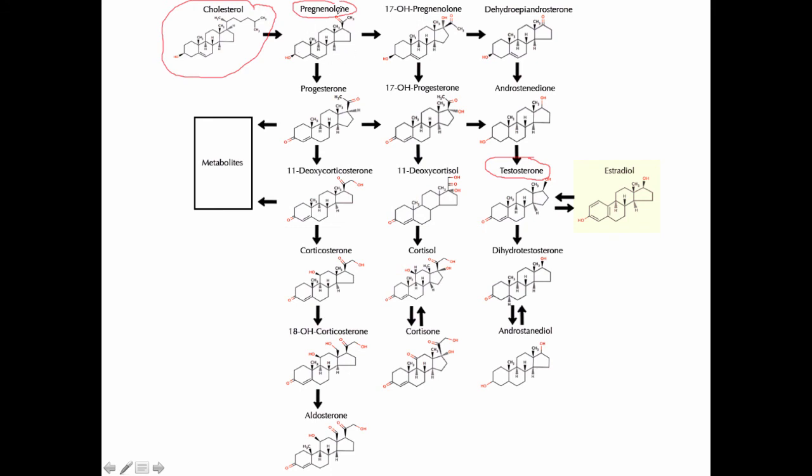So it has to have the enzyme necessary to convert cholesterol into pregnenolone. And then from there, either it can go across and produce OH pregnenolone, dehydroxyepiandrosterone, and so forth.